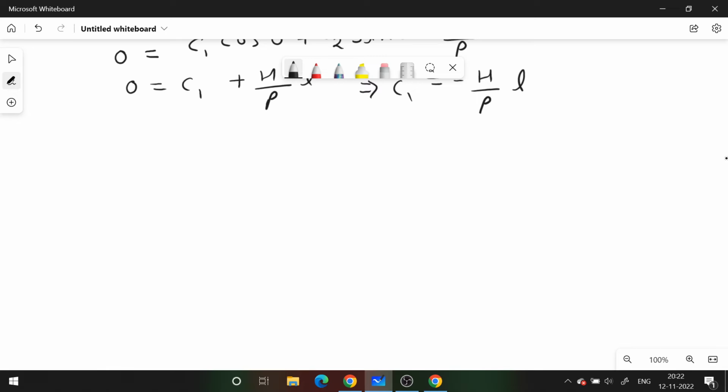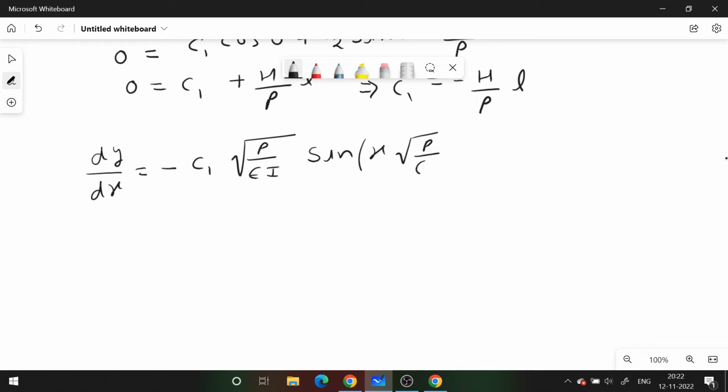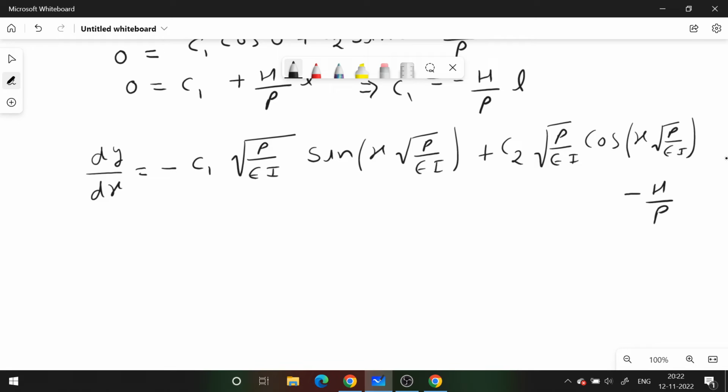Now differentiate the equation about x. dy by dx is equal to minus C1 under root P upon EI sin x under root P upon EI plus C2 under root P upon EI cos x under root P upon EI minus H by P. Now at point B, x is equal to 0 and dy by dx is also equal to 0 because B is a fixed point.